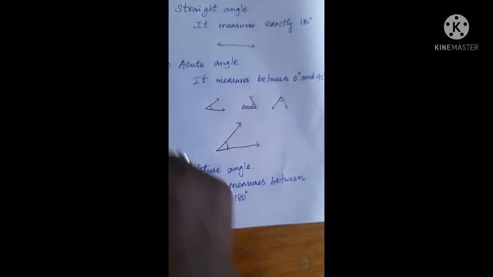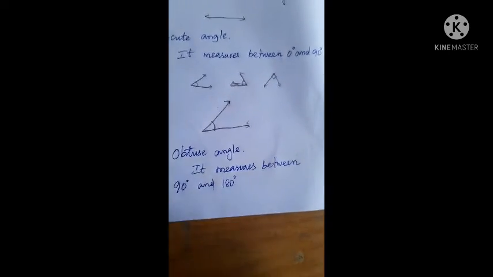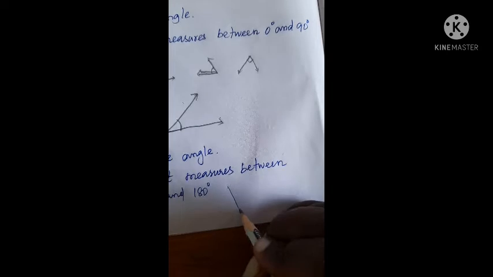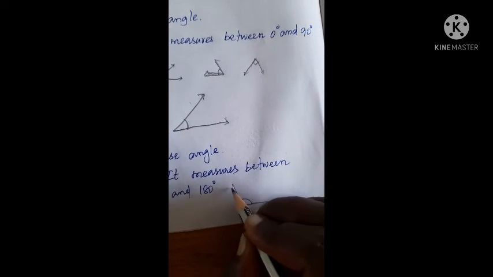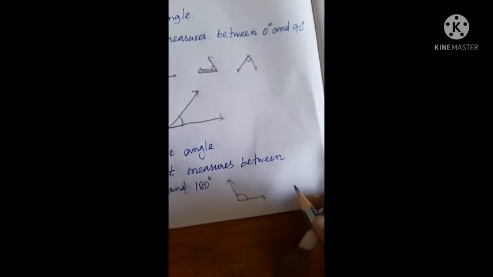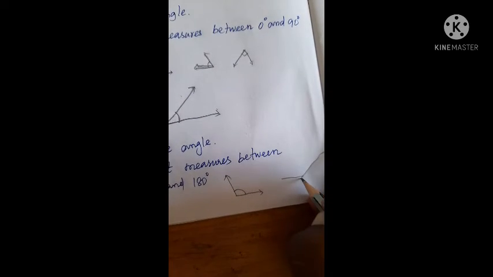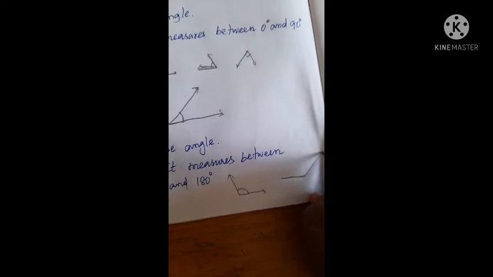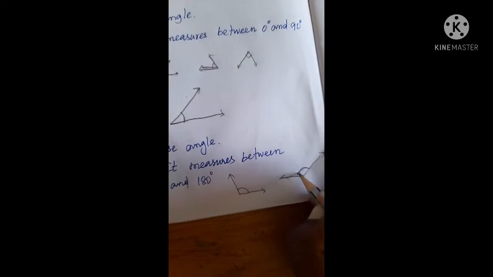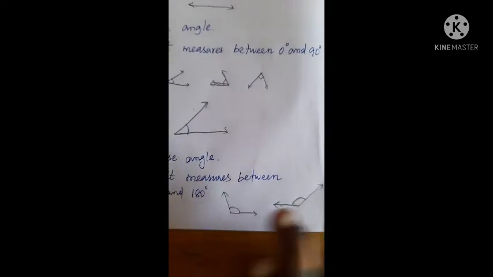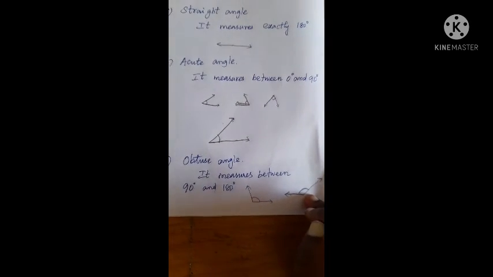The diagram will come a little broader, more than 90 degrees. You can draw this side also, this side also. When you look at the angle, it will look a little broad. If it is like that, it is called an obtuse angle.